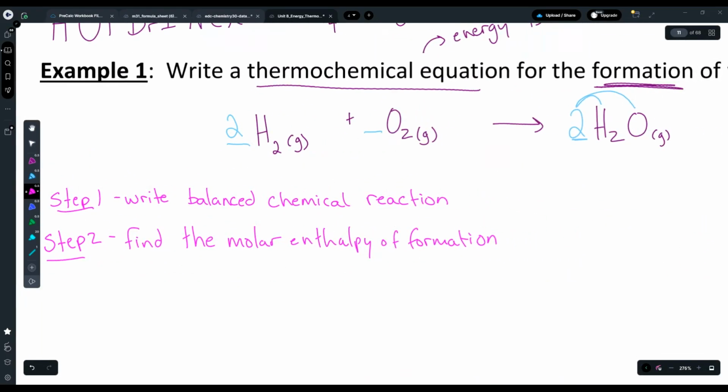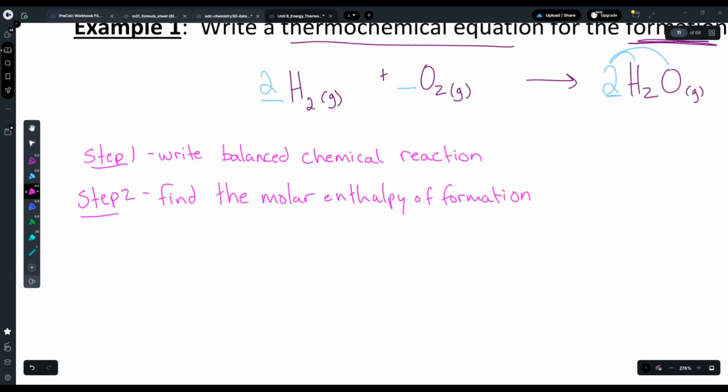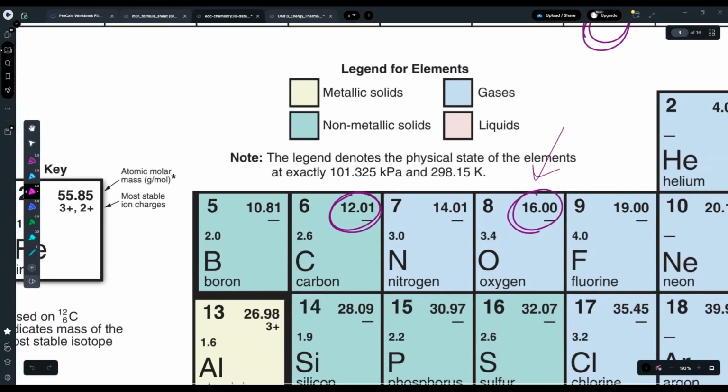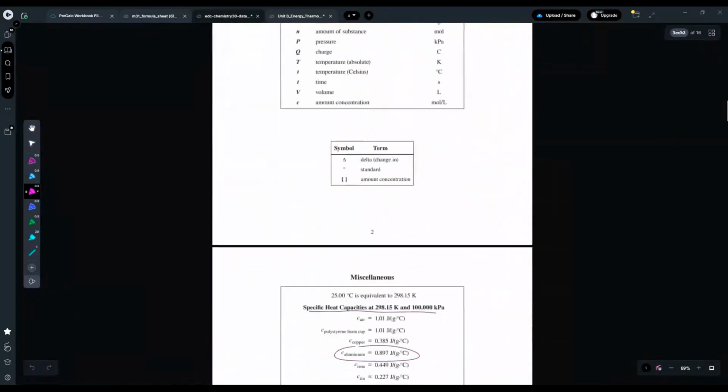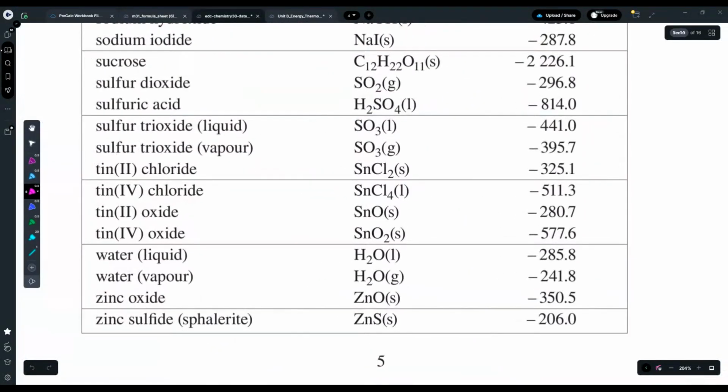Okay, and we're paying attention to, this is water as a gas, not water as a liquid. So let's find that, it's probably on page 5. Okay, so we've got water as a liquid, water as a vapor, we want vapor.